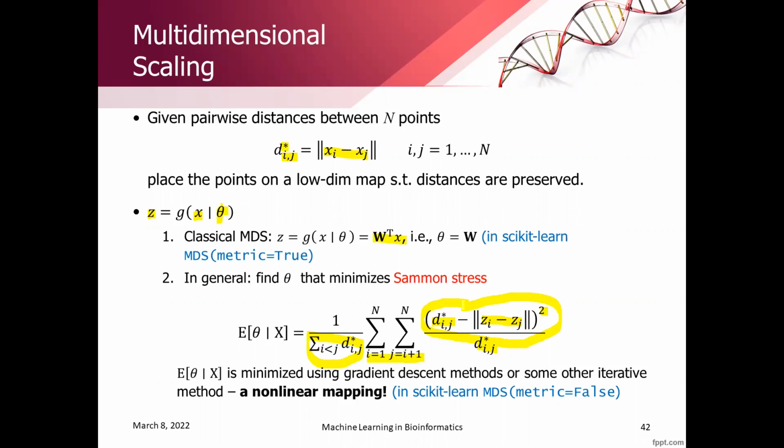It looks like a much harder problem. However, we can use any optimization method, for example some form of gradient descent, to look for the minimum of this function, based on an arbitrary mapping for these vectors z. This is implemented in scikit-learn as multidimensional scaling with the parameter metric false.